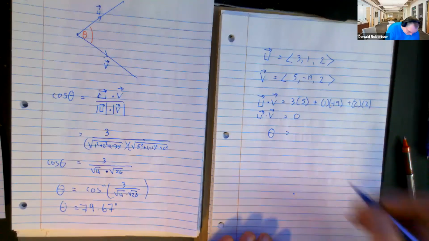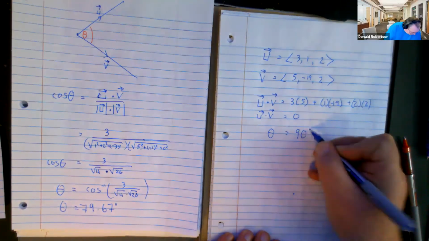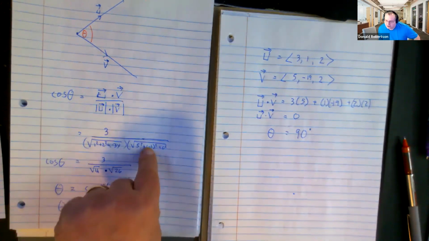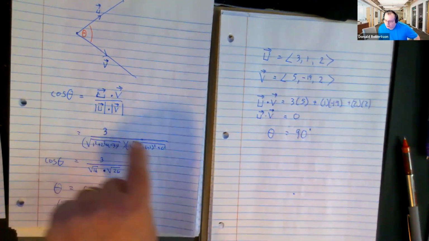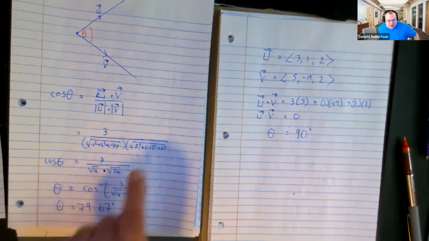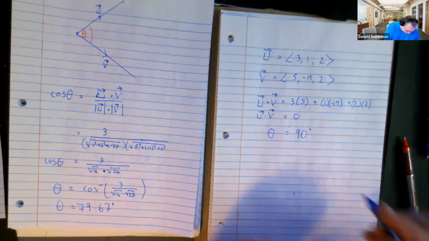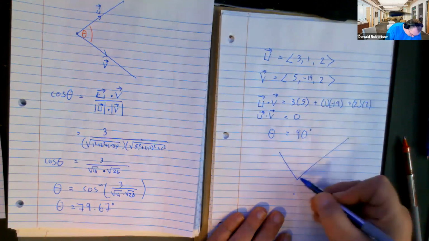It's going to be 90. If you go through the work, isn't it going to be 0 over a whole load of square roots? But isn't 0 over a whole load of square roots still 0? And isn't the inverse cosine of 0 90 degrees? So what we have here is a very quick test for whether two vectors are at right angles.